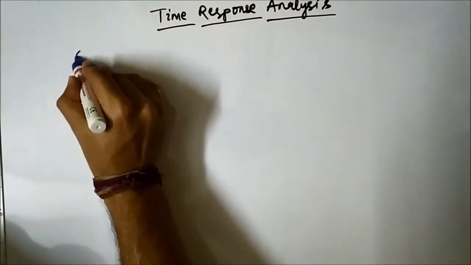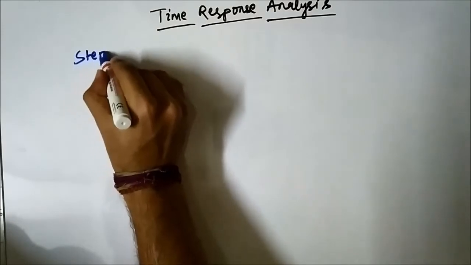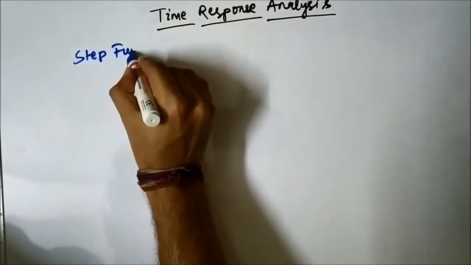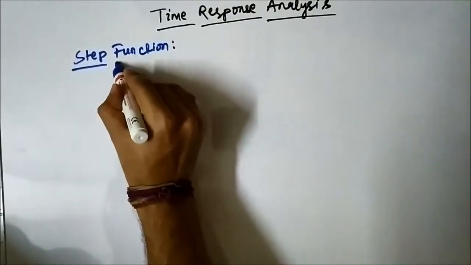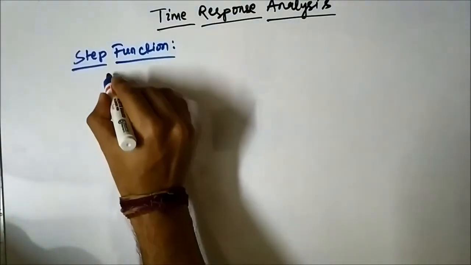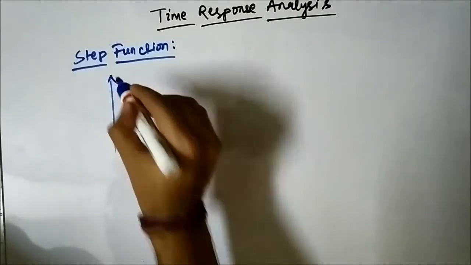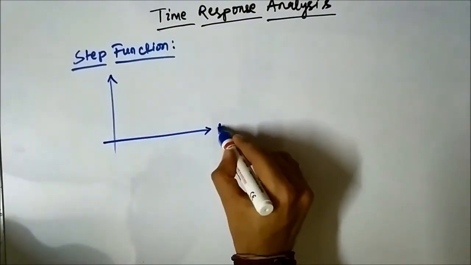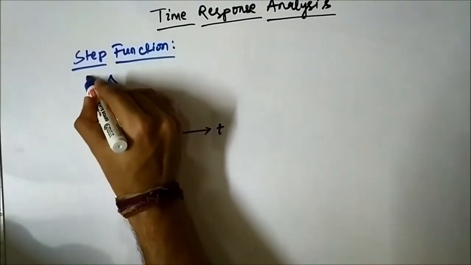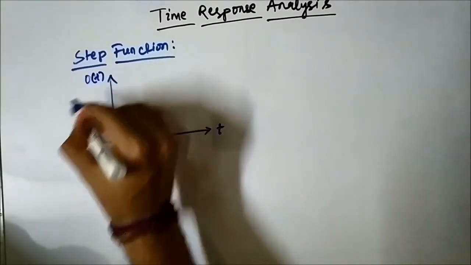So the first signal function is the step function. It is represented in this way, the variation with respect to time, and this is the output.